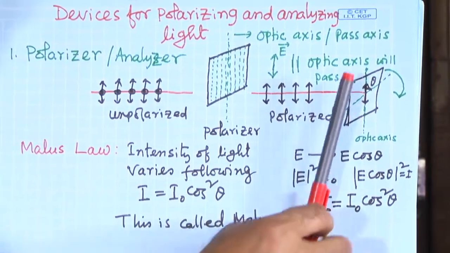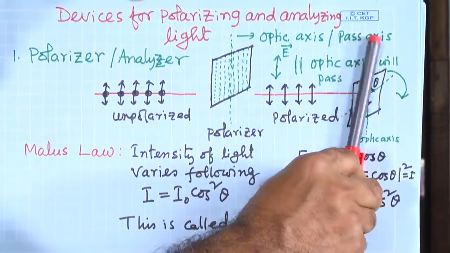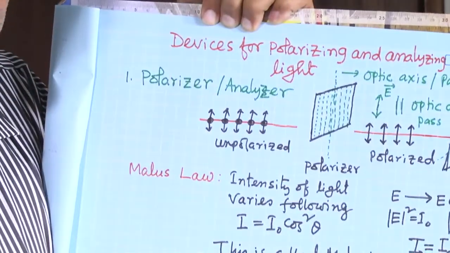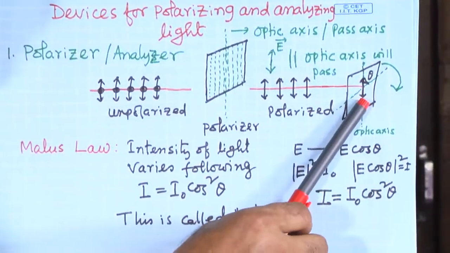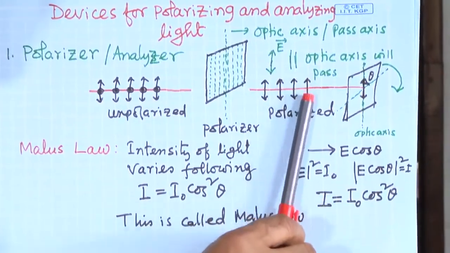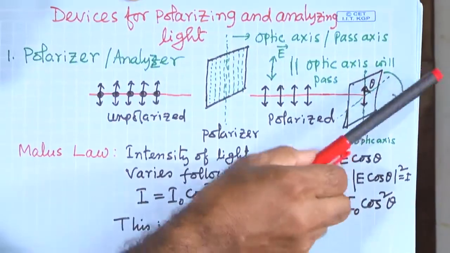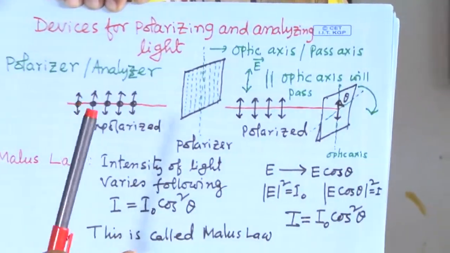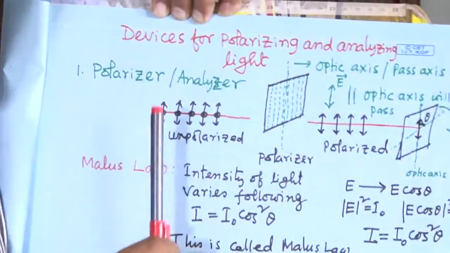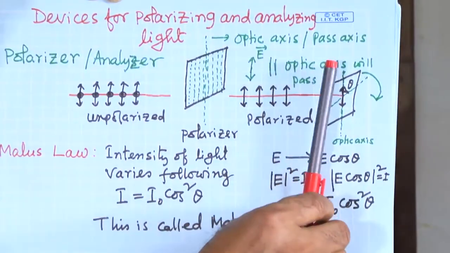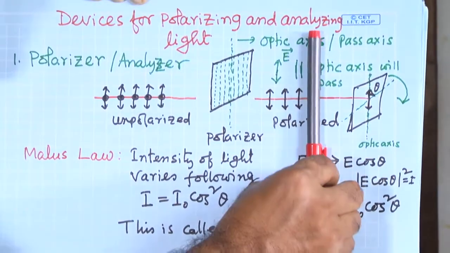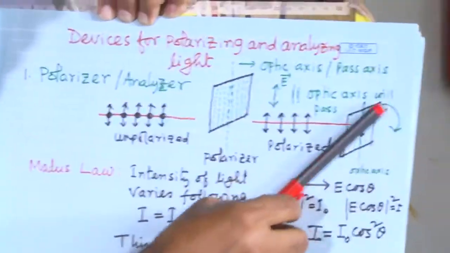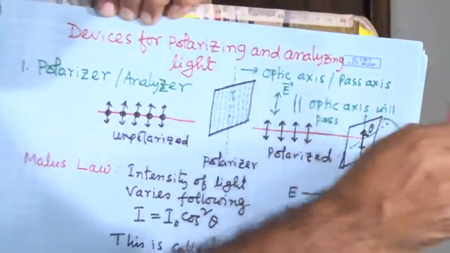Now, if I rotate this analyzer by an angle theta, then this component will make an angle theta with the optics axis. Only the electric component parallel to the optics axis will pass through it. So, if this is E, then E cos theta will be parallel to the optics axis, and E cos theta will pass through.